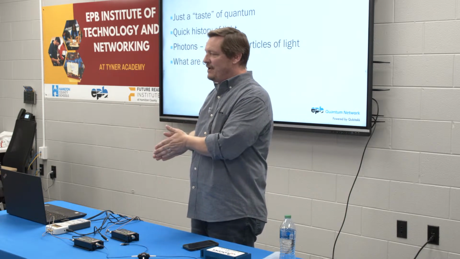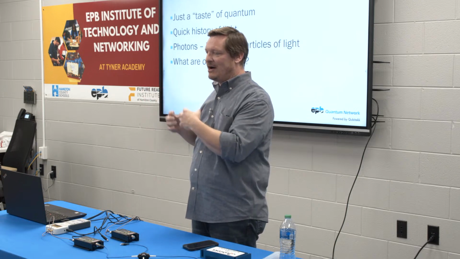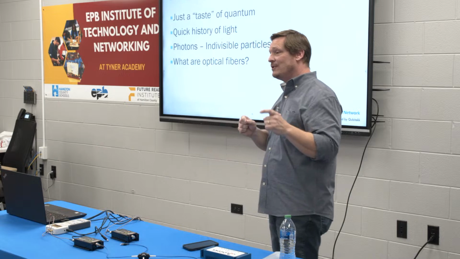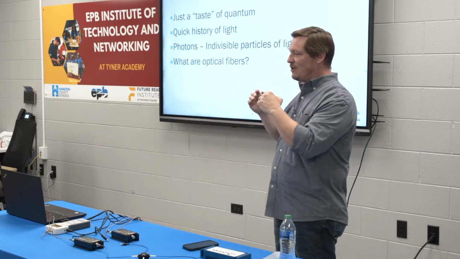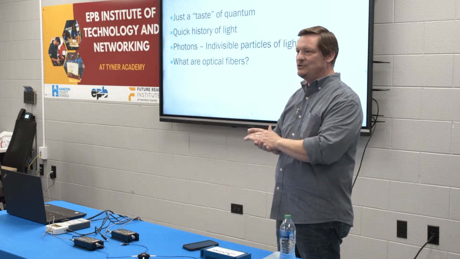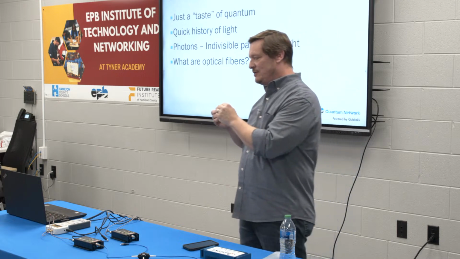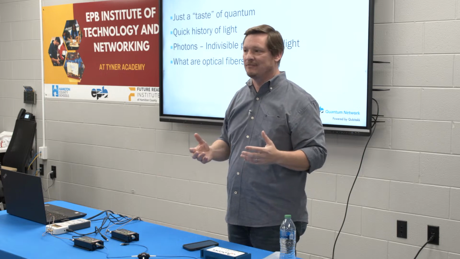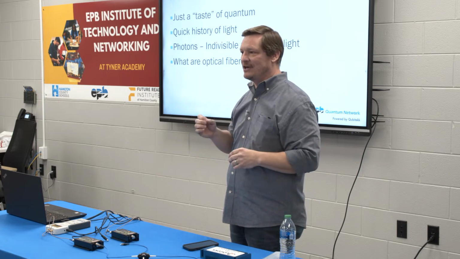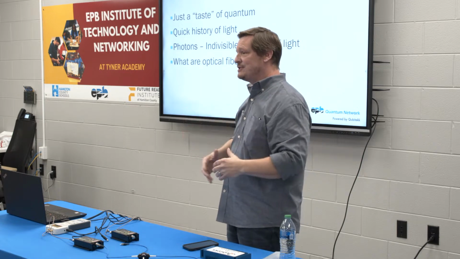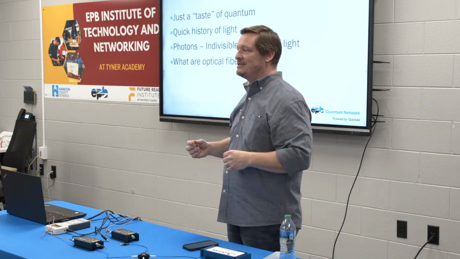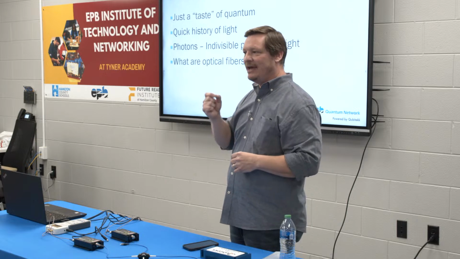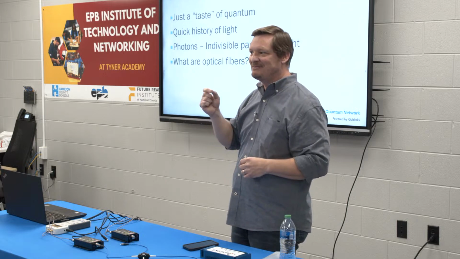But what they found out early on with that type of model is that those little BBs, those little particles, which they called photons, are indivisible, which means you can't cut them in half. You can detect a whole photon, but you can't detect half of a photon. They're always coming as a group. If you have a brighter light source, it just has more of those photons. But they're all individual, small little BBs, if you will, that you can't cut in half. Does that make sense? Okay.